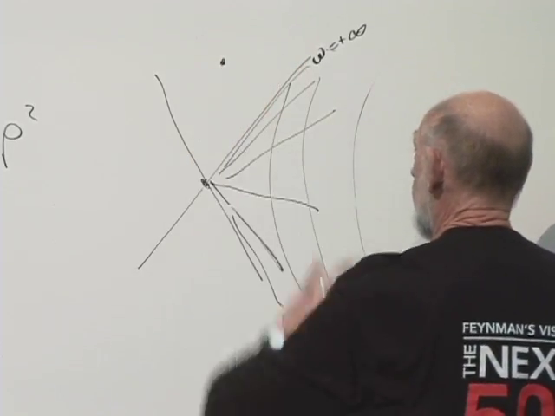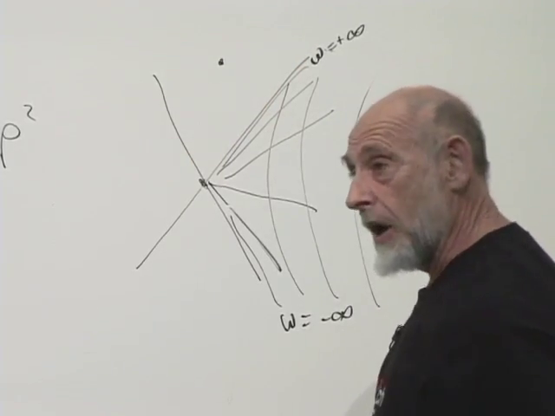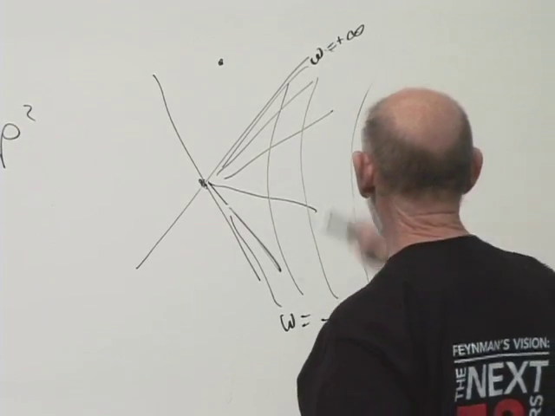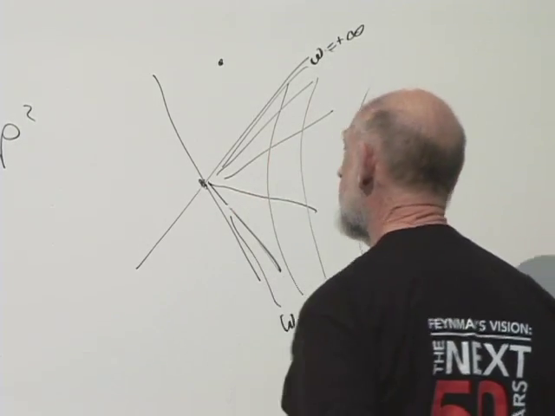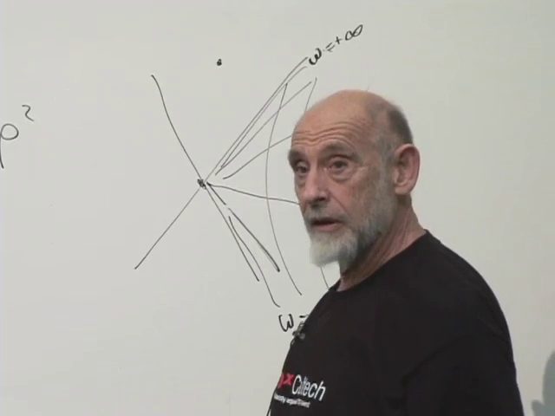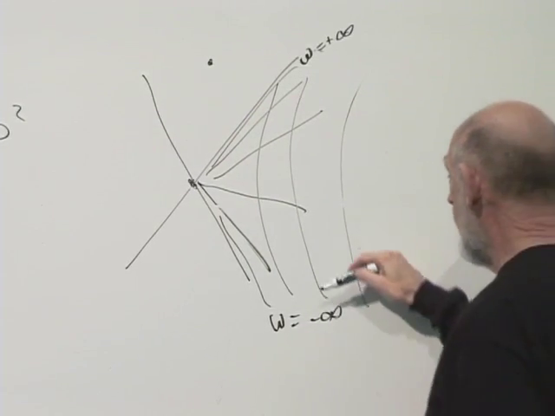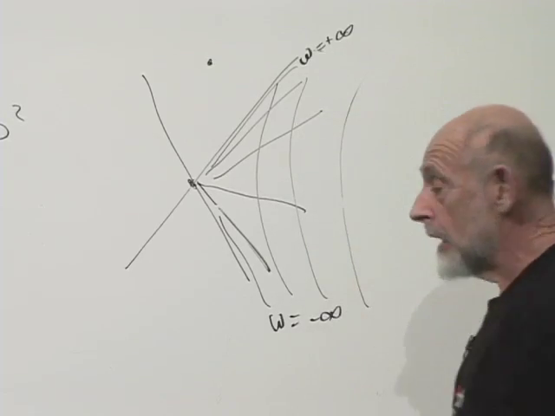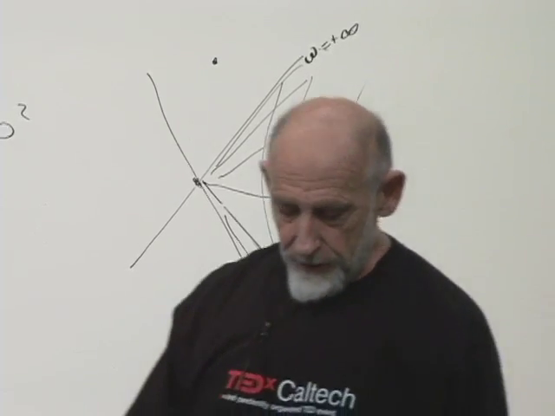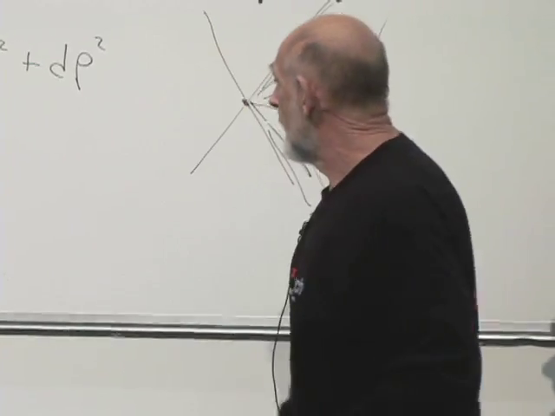So this is a kind of horizon, and once you're behind it, you can't get any information out to distances beyond r equals 2m, or rho greater than 0. Okay, so that's the geometry of the near horizon.